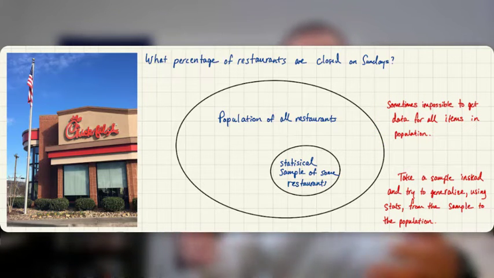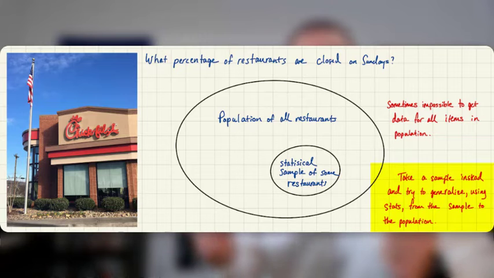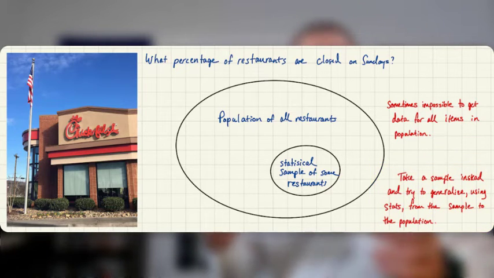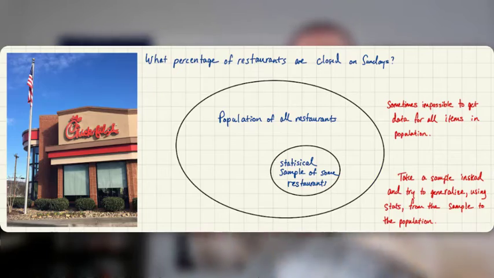So what we could do is select a representative sample, a random sample that represents the population as a whole. And we could assess our question using that random sample, all right? So that's the difference there between a population and a sample.